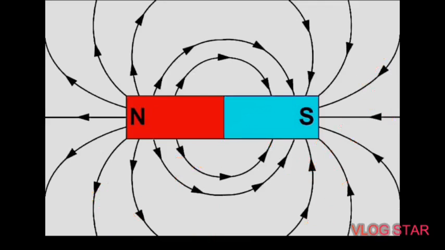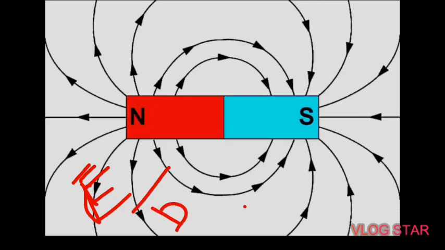In the electric field, we have seen the concept of electric field intensity and electric flux density. The electric field intensity is denoted by E bar, and the electric flux density is denoted by D bar.